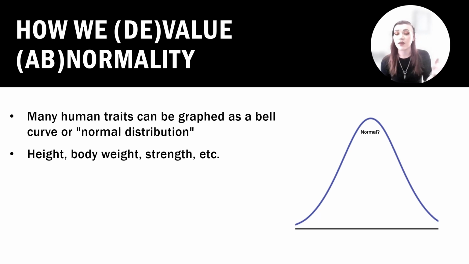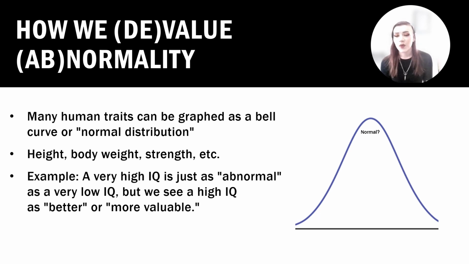Some people are on the lower end, maybe they're shorter, maybe they're average, maybe they're taller. Maybe they have a lower or average or higher body weight, less, average, or more strength. We could graph a lot of human traits in this way. So we might say that people in the middle, at the peak of the curve or who are average in a sense, are normal. That's one way we could understand things.